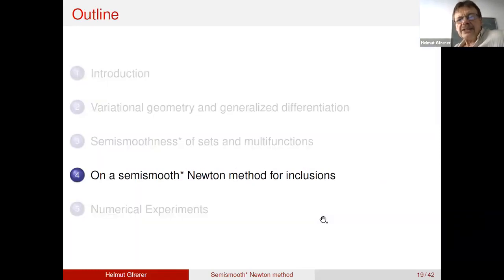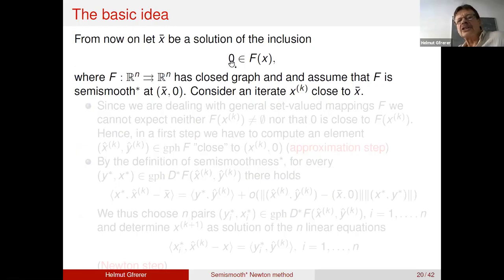So having these concepts of the semismooth star property, let us now introduce the semismooth Newton method. Consider again this inclusion, where we want to find some point x bar such that 0 belongs to F of x bar.